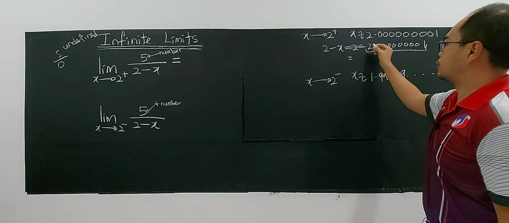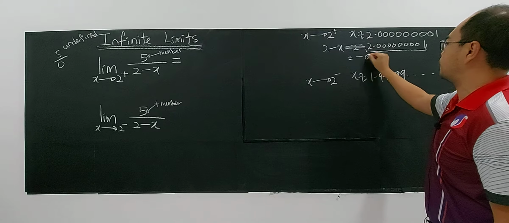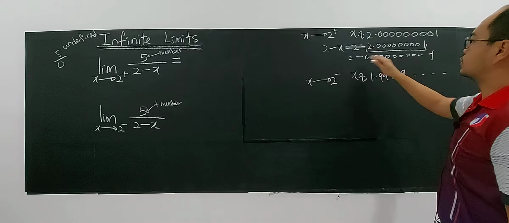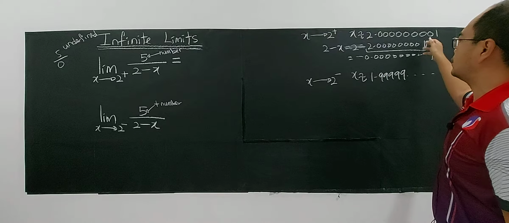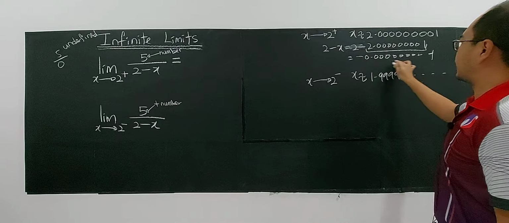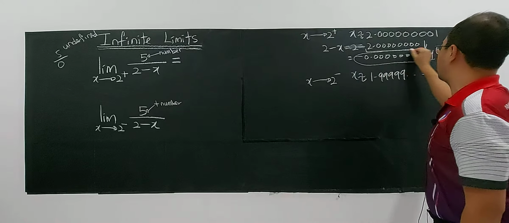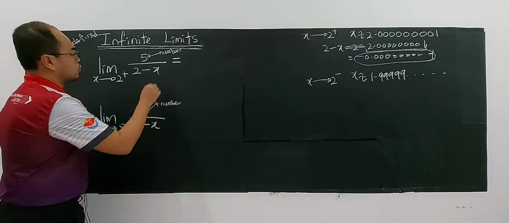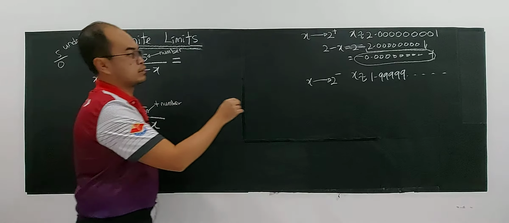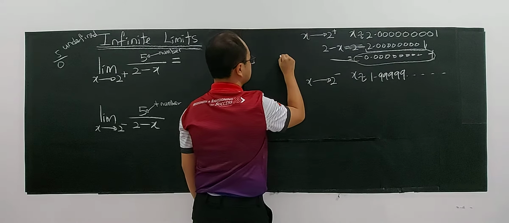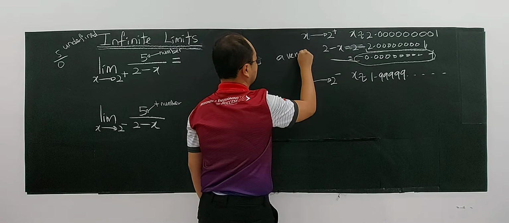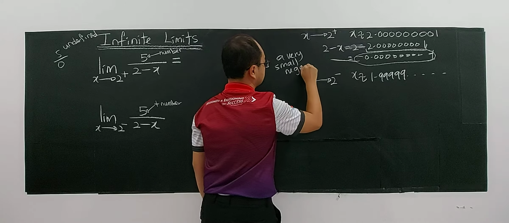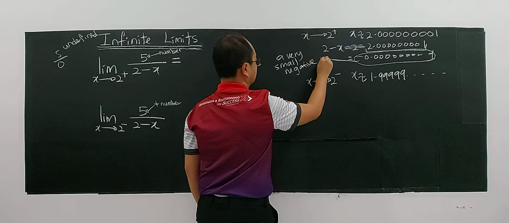So when you subtract, you are getting a negative number, negative 0.000 whatever. So 2 minus x gives a very small negative number.